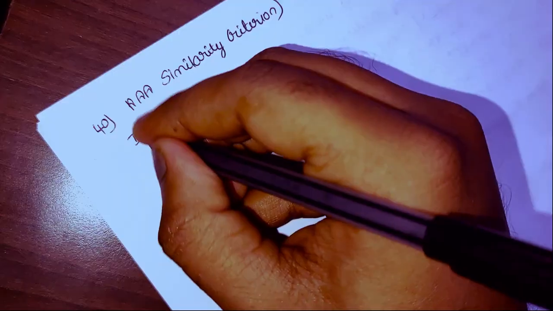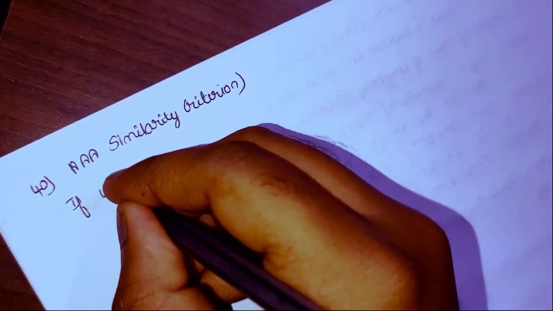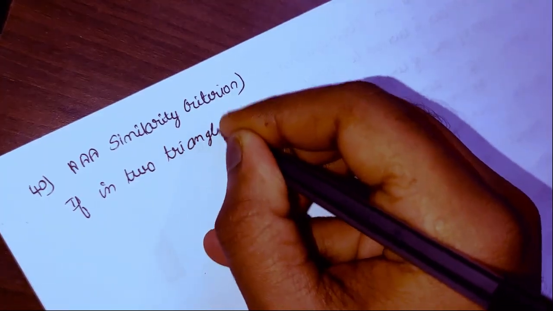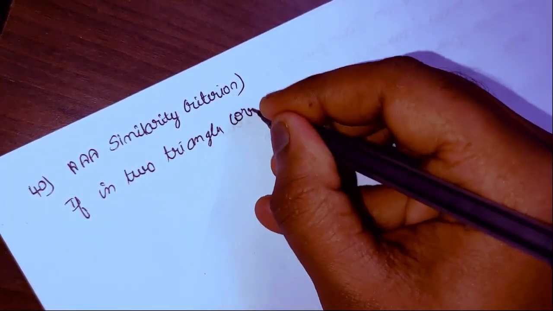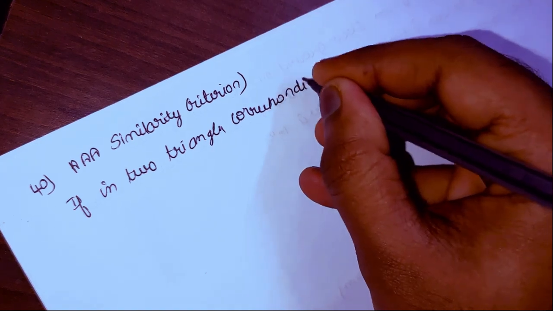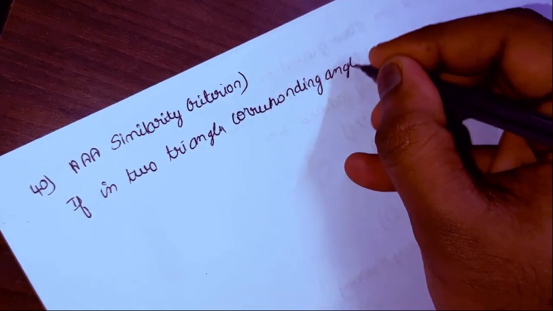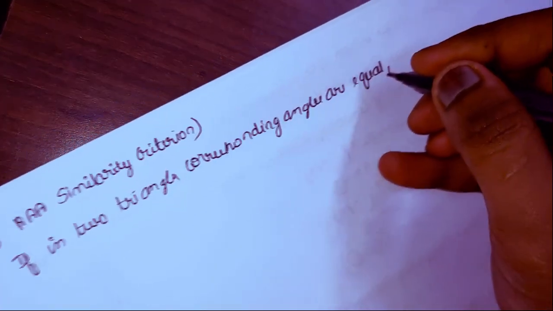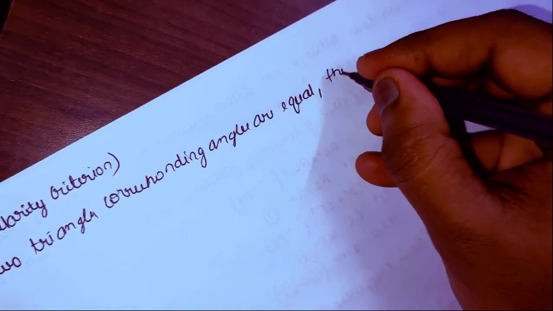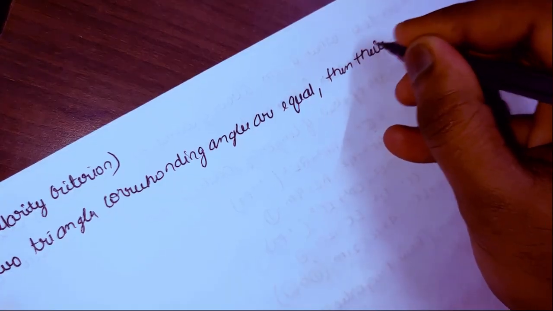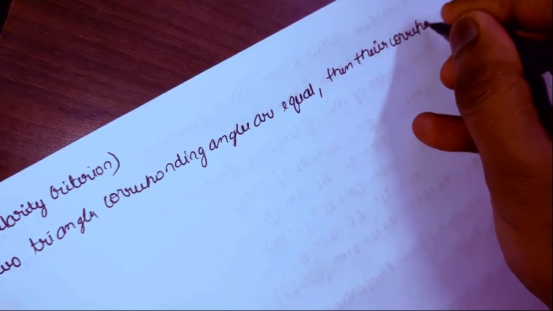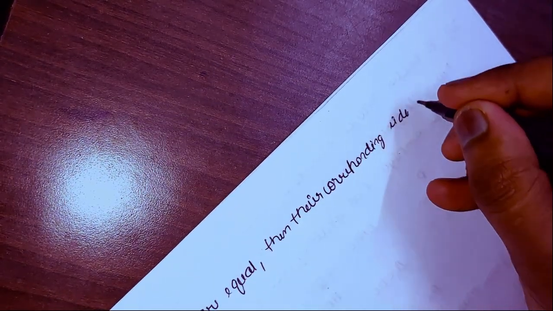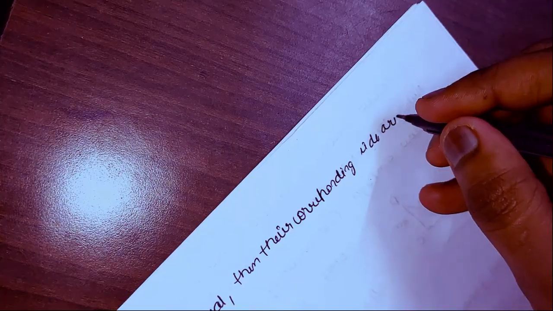If in two triangles corresponding angles are equal, then their corresponding sides are in the same ratio.